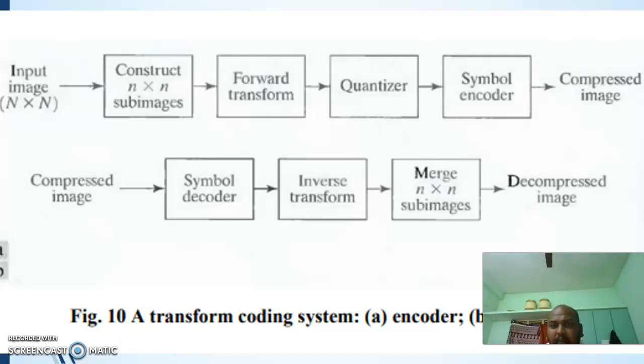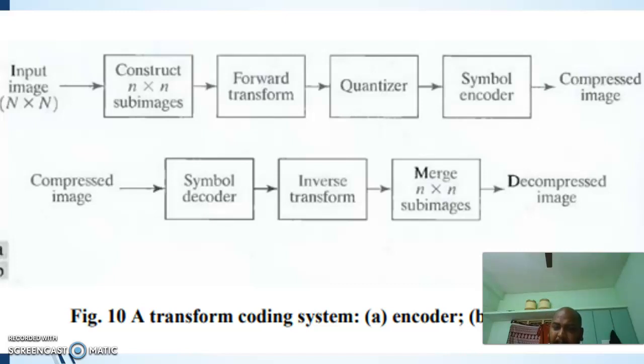For example, a 32 by 32 image is split into 4 by 4 small sub images. Then the forward transformation is applied. The transformation can be DCT or DFT or DWT, whatever the transformation may be.